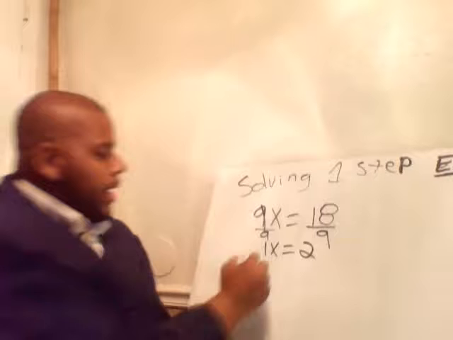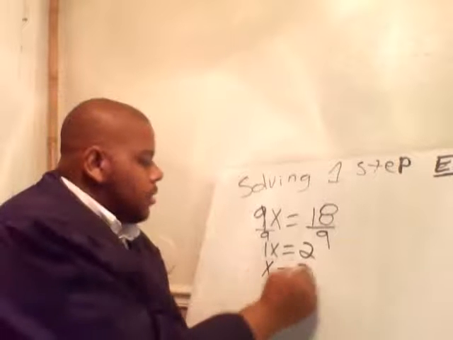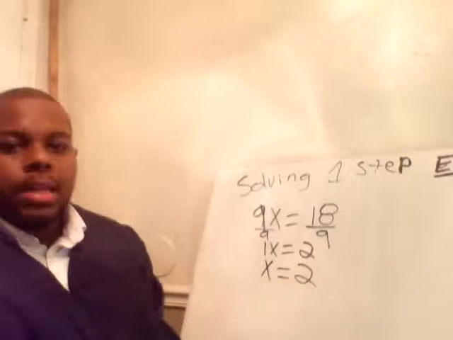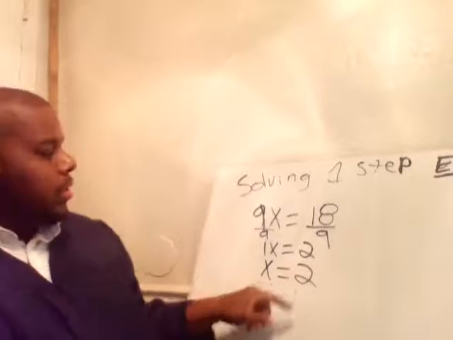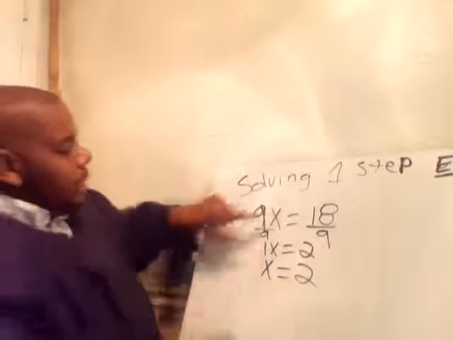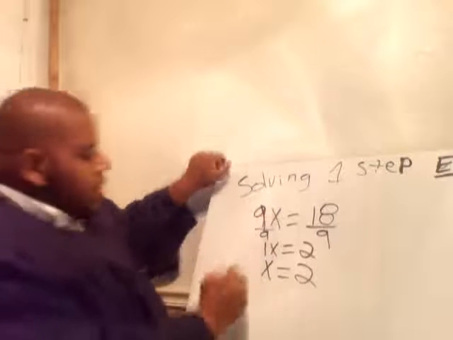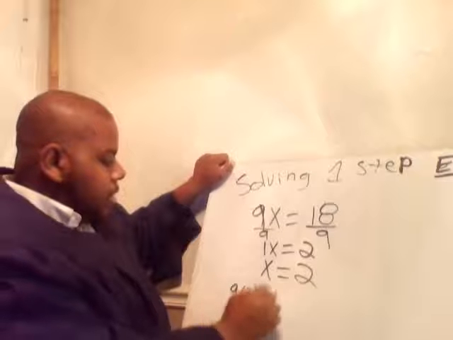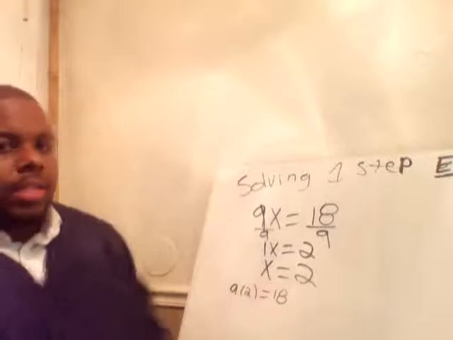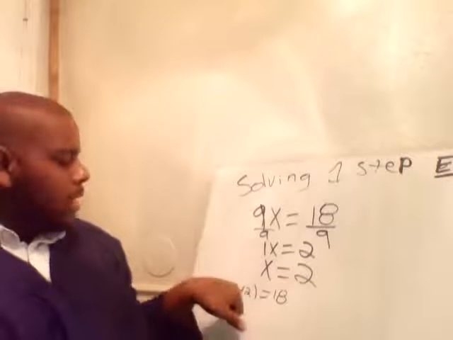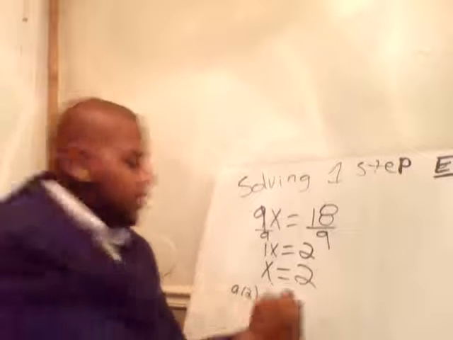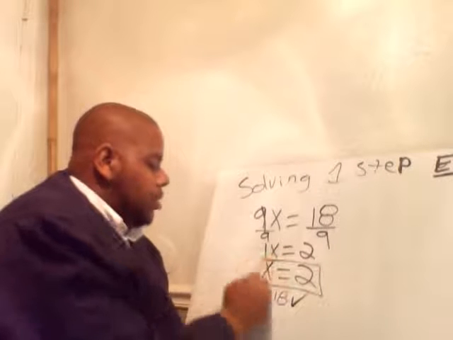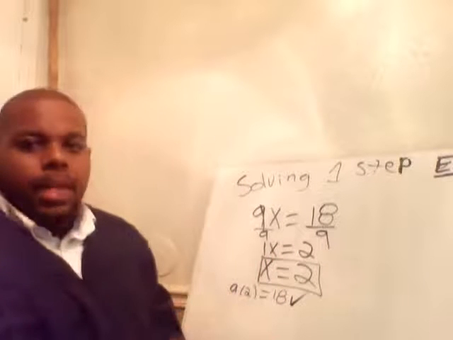So we found that x equals 2. We're not done. We have to go back and plug in this 2 to see if we're correct. So here, I'm going to replace x with 2 and see if we're correct. So we have 9 times 2 equals 18. Does that make a true statement? Does 9 times 2 equal 18? It is. So yes, x equals 2. That is our answer.